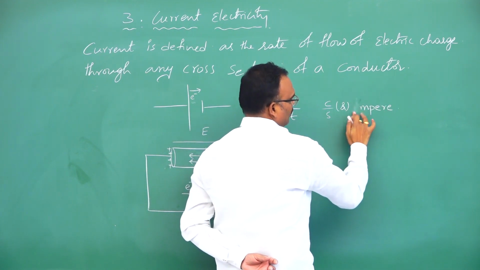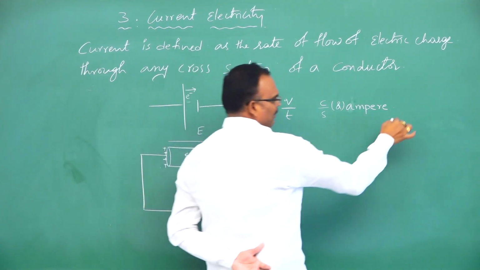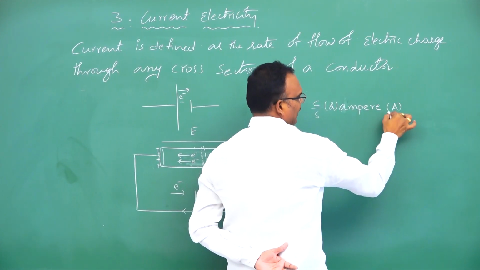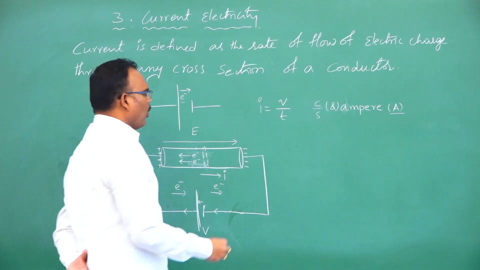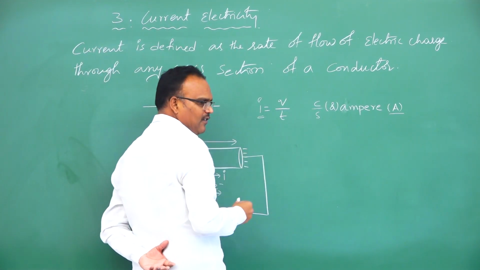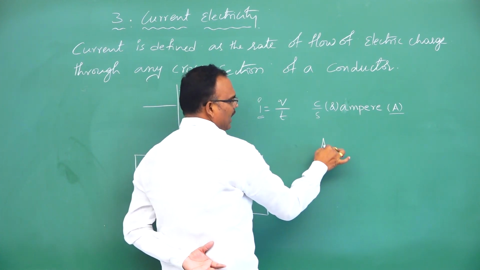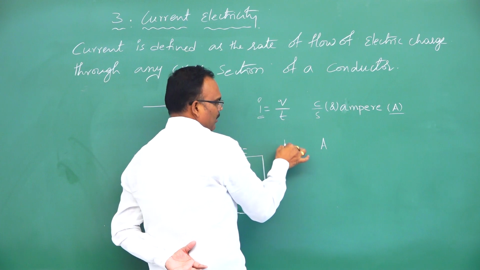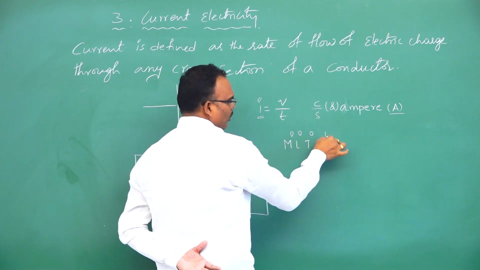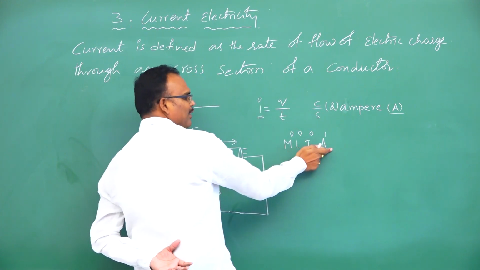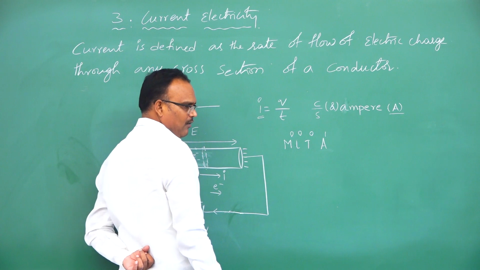Ampere, a scientist's name, we should write with small letters, but it can be represented as a capital A. We know current is a fundamental physical quantity, so its dimensional formula is M power 0, L power 0, T power 0, A power 1, or we can even write it as I power 1.